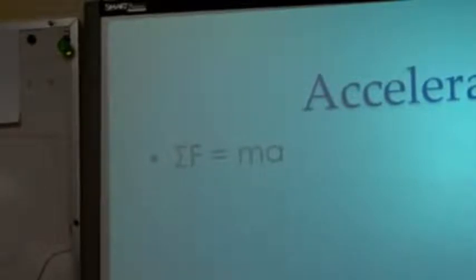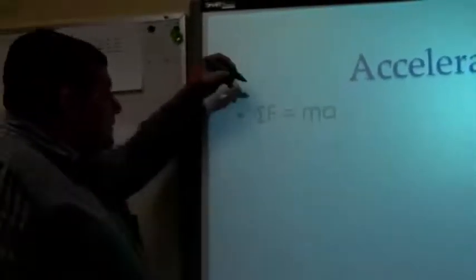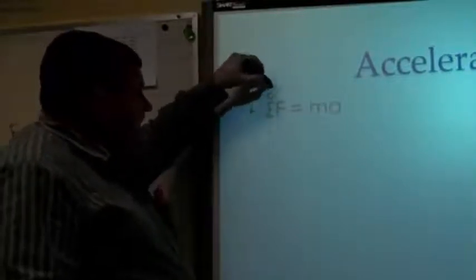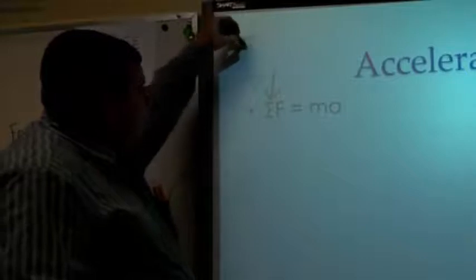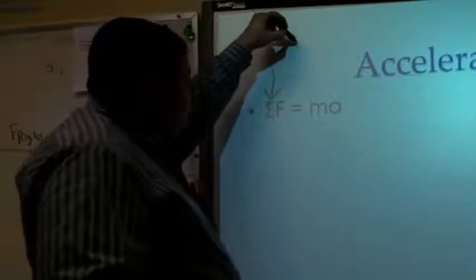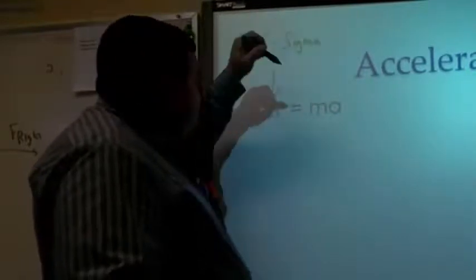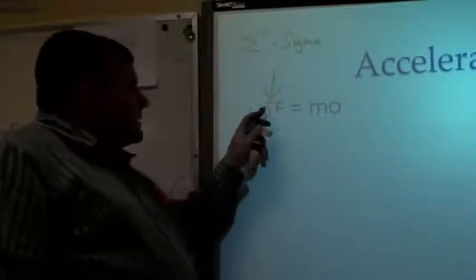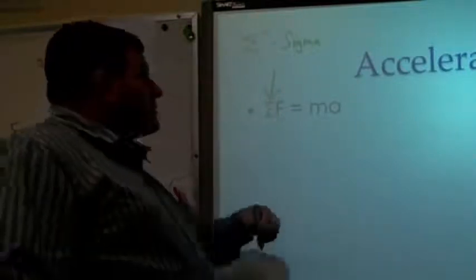Here, this symbol, you might recognize from movies about fraternities, is a sigma. It means the sum of. So here, sigma F is the sum of all the forces.